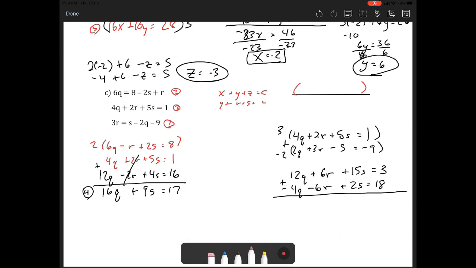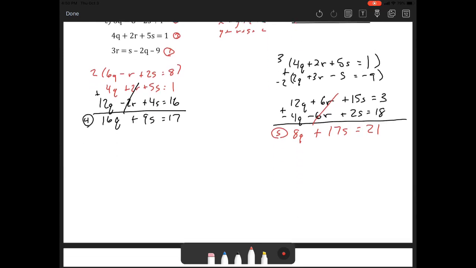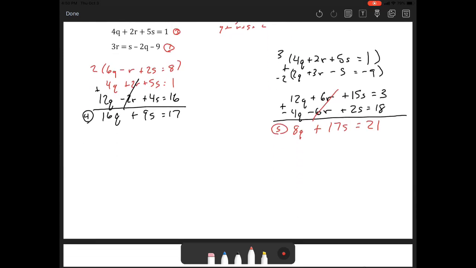So when I do that, I'm going to end up with 8Q, cancel the R's, plus 17S equals 21. So this is 5. So now I'm going to create these equations. So I've got 8Q plus 17S equals 21. Well, I can multiply this one by negative 2 and get them opposite.